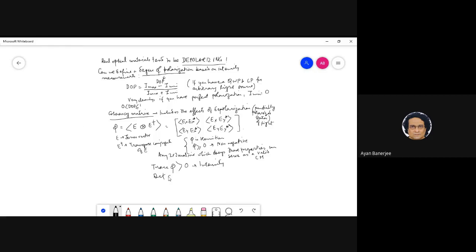And the determinant. What about that? What can we say about the determinant? Means this minus this. What will that be? In this same vein, when it is perfectly polarized, then what will you have?